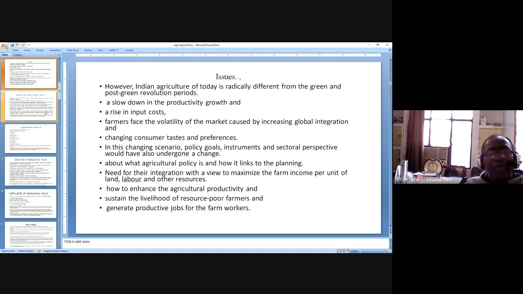But how to generate productive jobs is also one of the most important components, as we can see if we go back to the theoretical base of these agriculture policies. The Lewis dual sector model, Ragnar Nurkse, Rosenstein-Rodan and M.P. Todaro, these are all the authors.